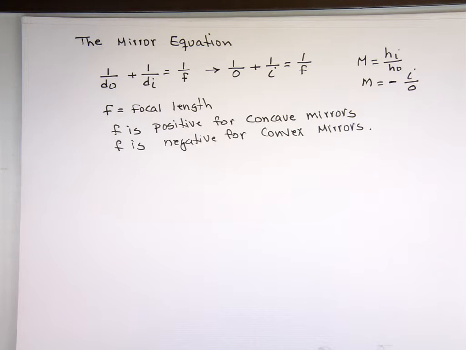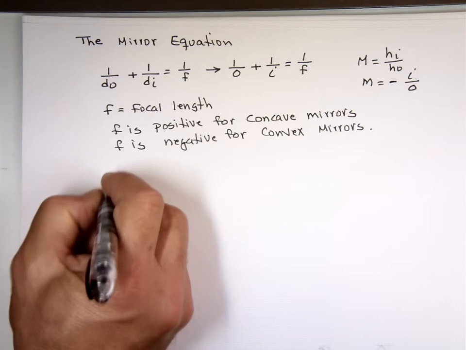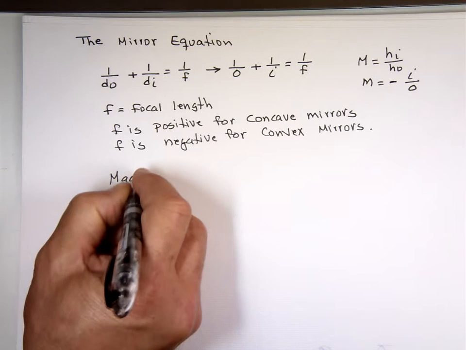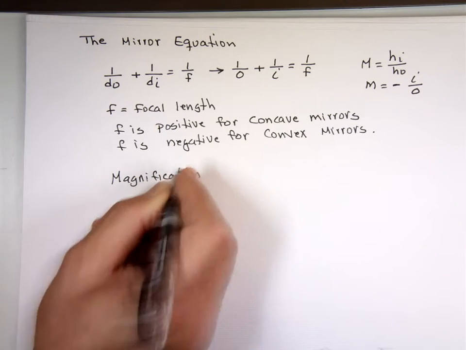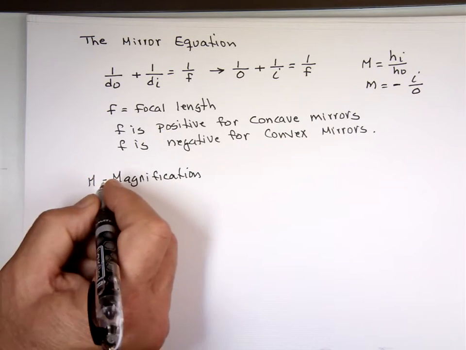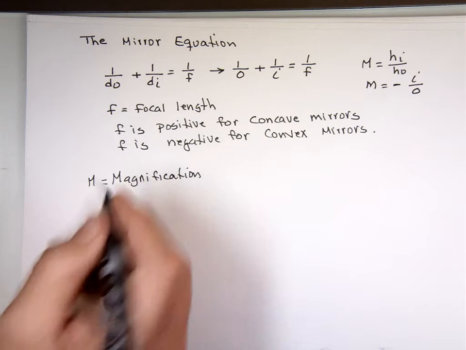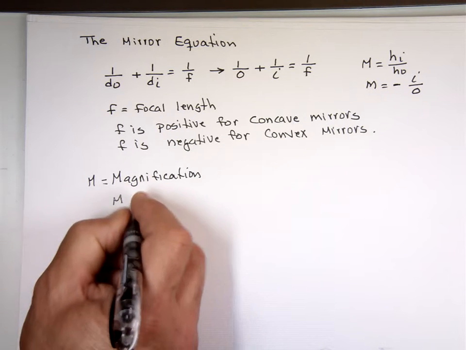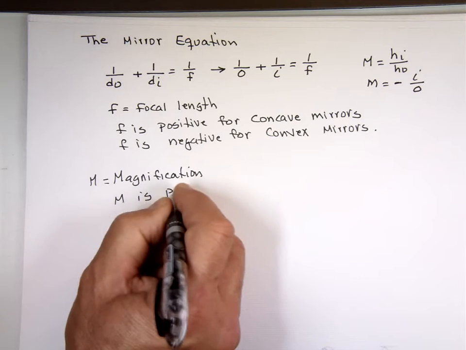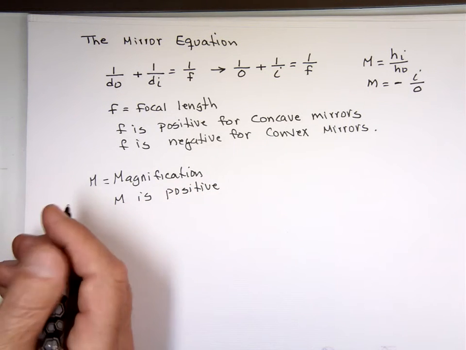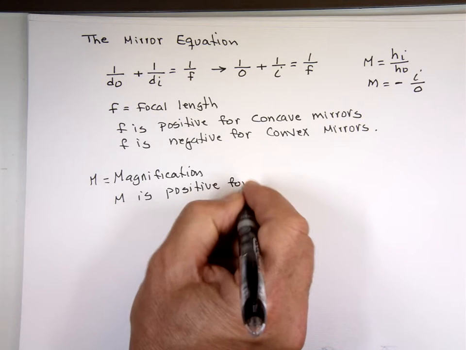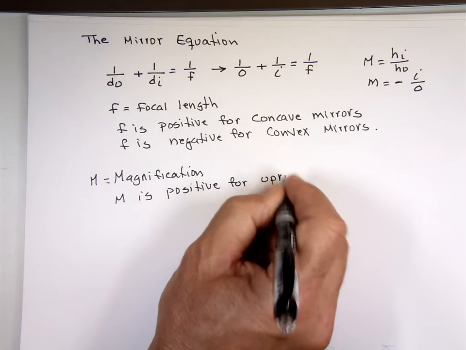Now let's talk about the magnifications. M is positive for upright, when the image is in the same direction.